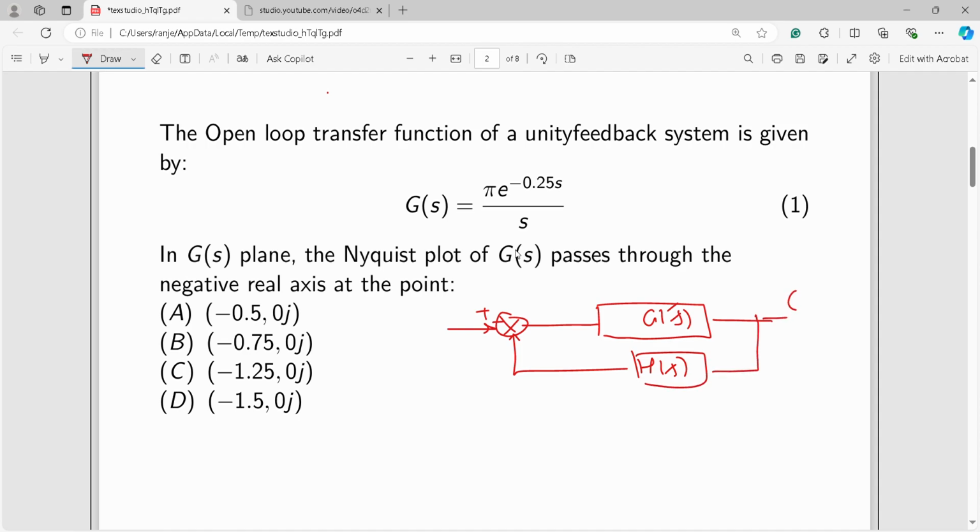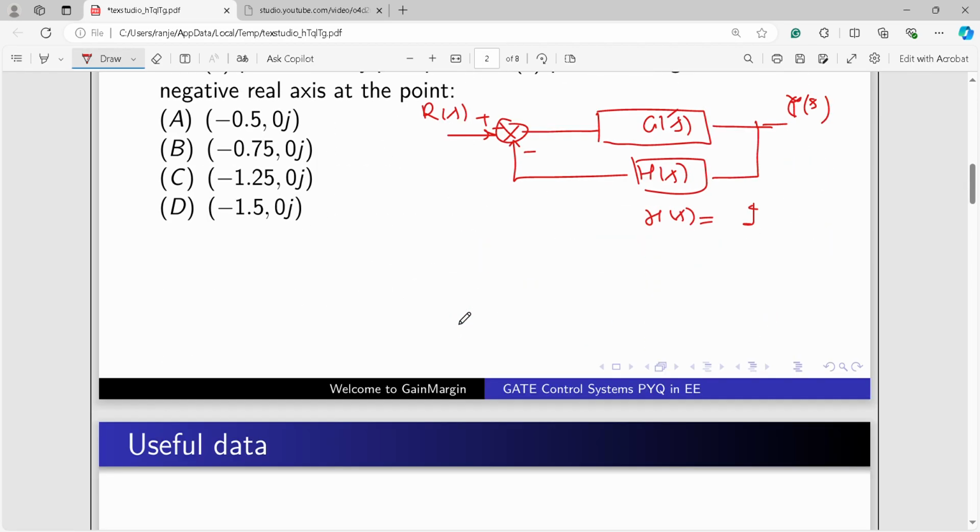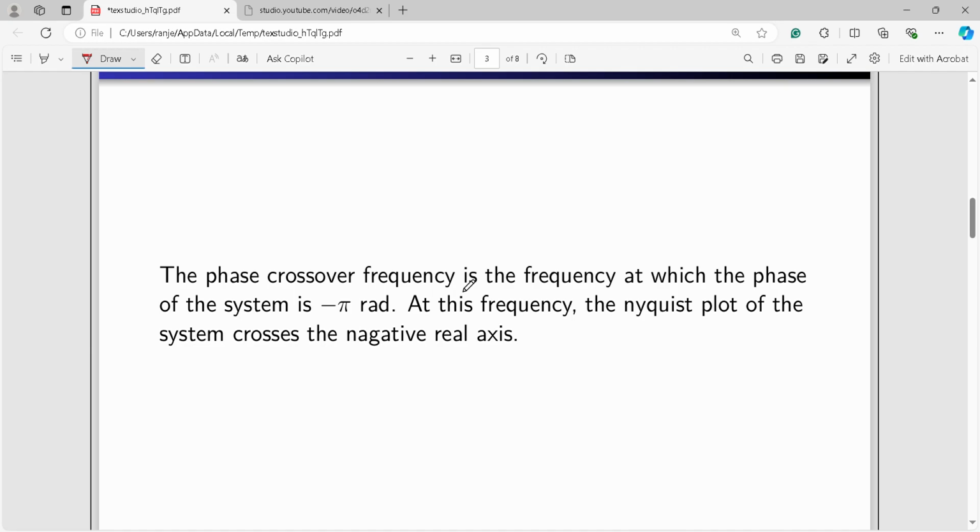This is my output, this is my input reference. So H(s) here is unity. As we know, in the case of Nyquist plot, like in a G(s) plane, we will discuss Nyquist plot in more depth in upcoming videos.